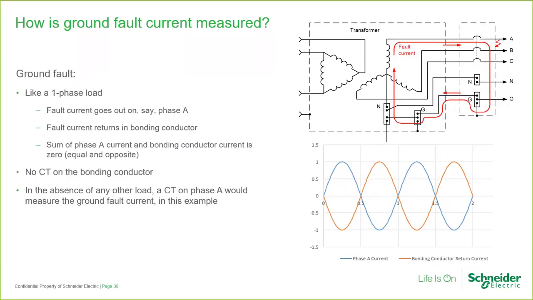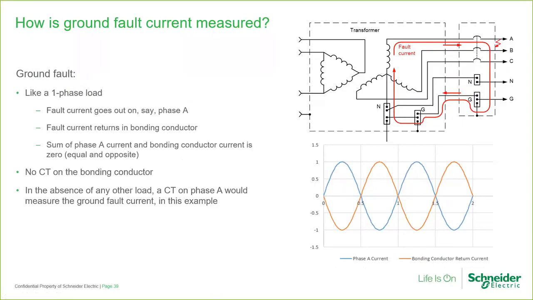A ground fault is like a single phase load in that fault current goes out on one phase and returns in the bonding conductor. That's what I'm showing here. A fault from phase A to the enclosure, through the bonding jumper to the ground bus, flows through the bonding conductor upstream through the system bonding jumper, and returns to the source.